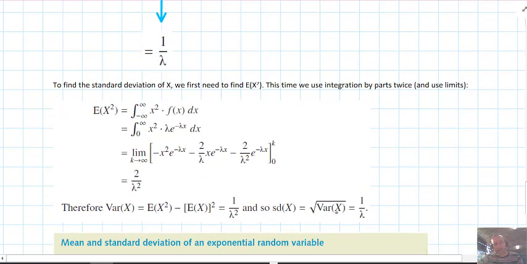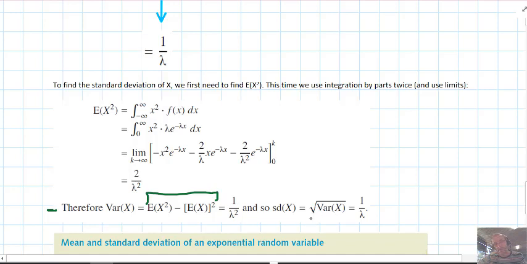Okay, and to find the standard deviation of x, we first need to find E of x squared. Okay, and then we use integration by parts again twice with limits in there. Again, it's not essential that you know this, but that is where it comes from. Now, variance is given by that formula from your previous studies, and hence we can get 1 over lambda squared.